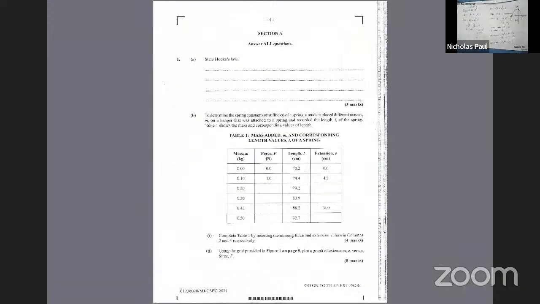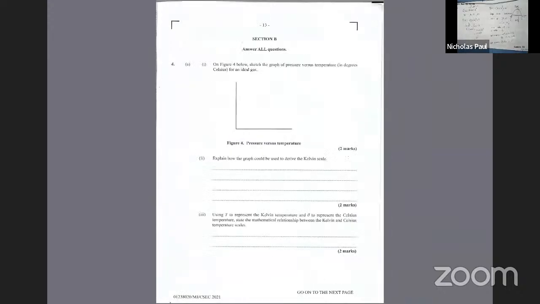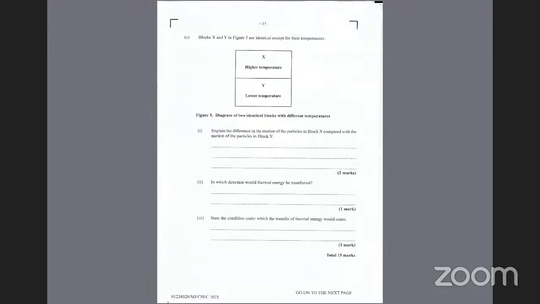All right, let's start with June 2021. June 2021 number somewhere down here, 504 or something. Right, number 5.